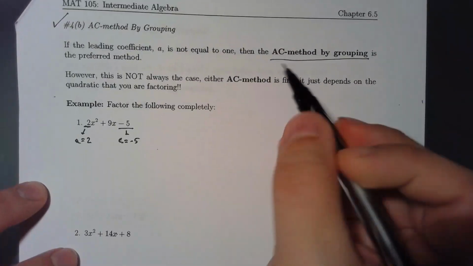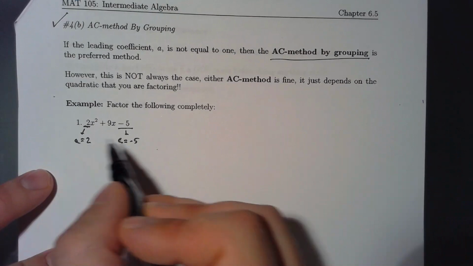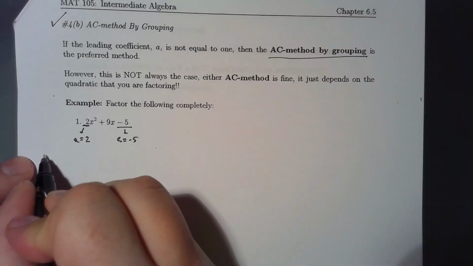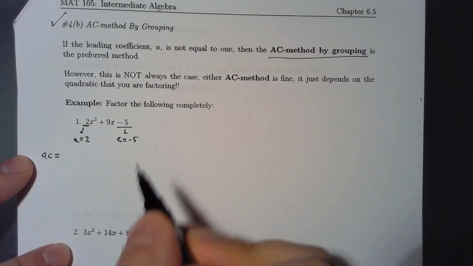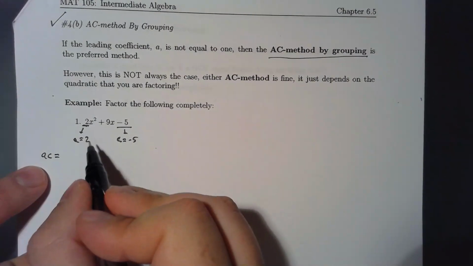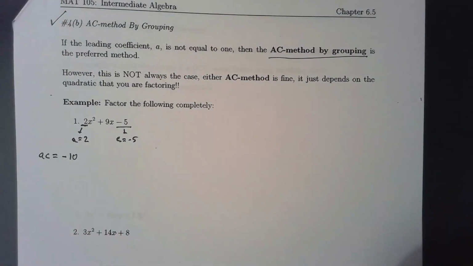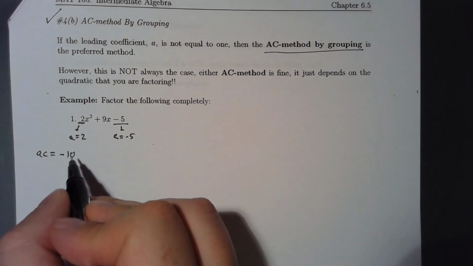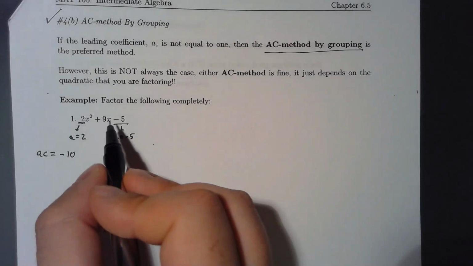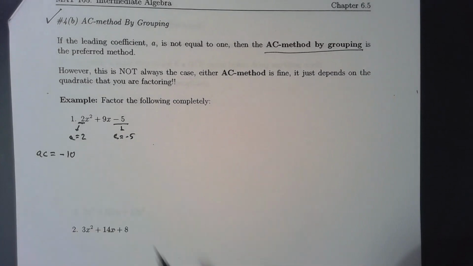Since this is AC, I'm going to multiply them together. What's A times C? 2 times -5 is -10. So what I want to do is find the factors of -10 that give me +9.